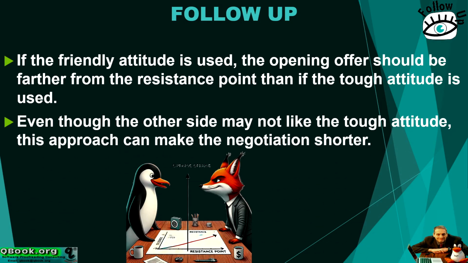This combines two attitudes. Friendly, I'm trying to help you. And tough, I cannot give you anything more. These two ideas together, these two attitudes, these two tactics, we can call them friendly and tough.